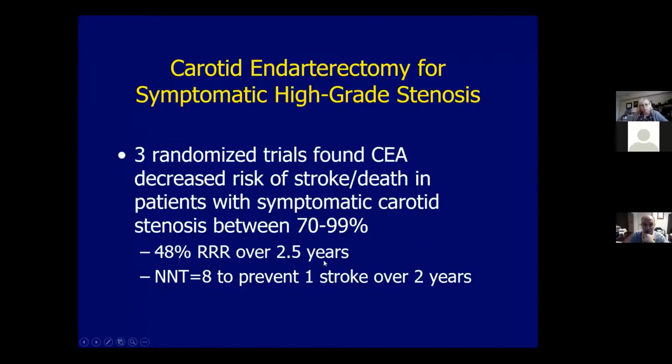We've got 3 trials performed 20-plus years ago that all pretty much showed that if you open up the artery and remove that plaque, your likelihood of a stroke drops. Originally the number was 8: 8 carotid endarterectomies to prevent 1 stroke.